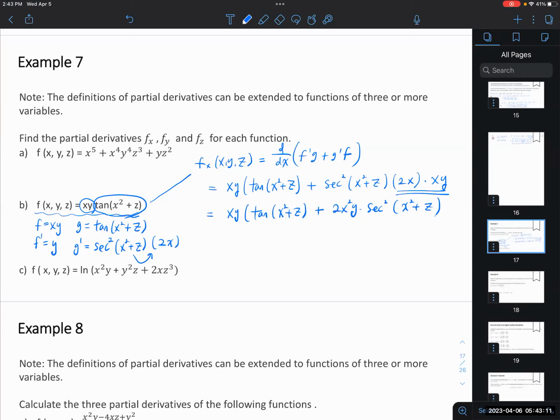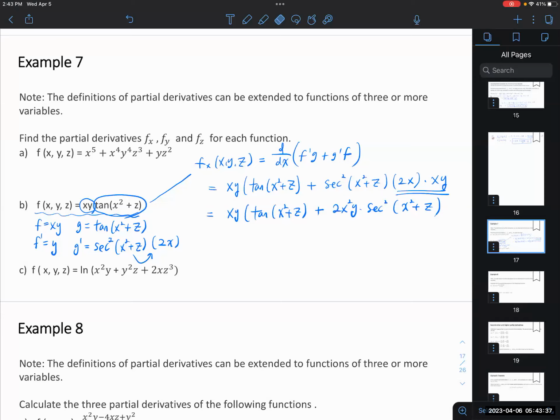Okay? So you can do the similar work for y. Okay? So let's take a look at it. Oh, I made a mistake. So f prime, this is f prime.